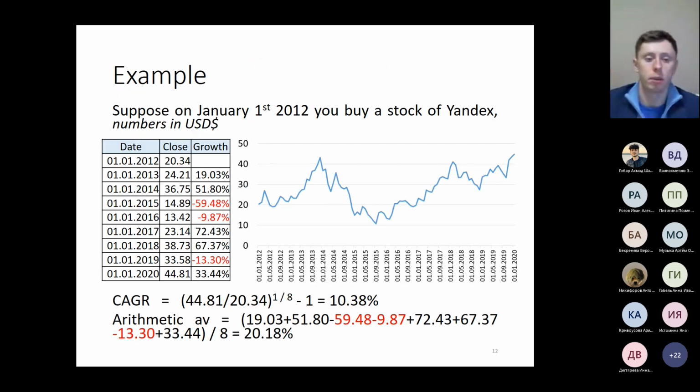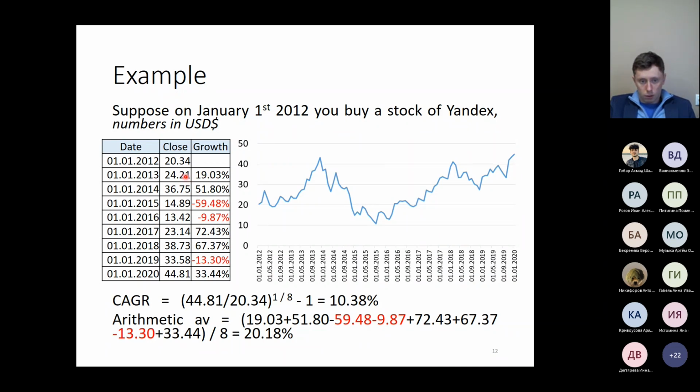Let's look at the example again. Here we have historical prices of the Yandex stock in United States dollars. Those are the prices each year. We estimate the return each year.